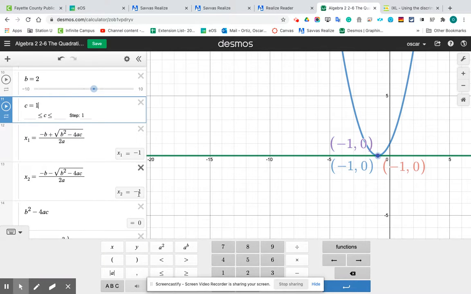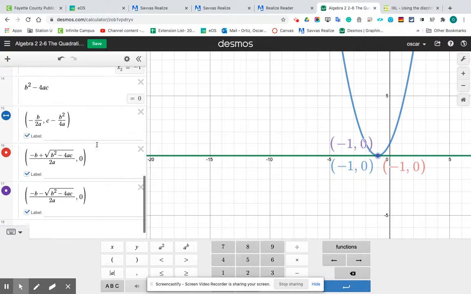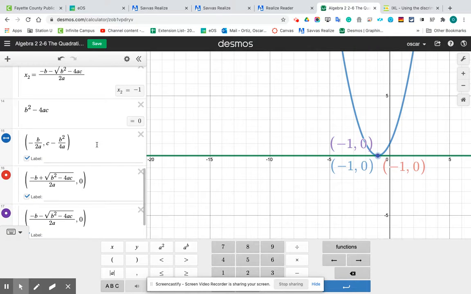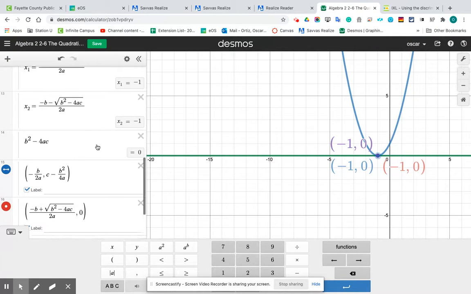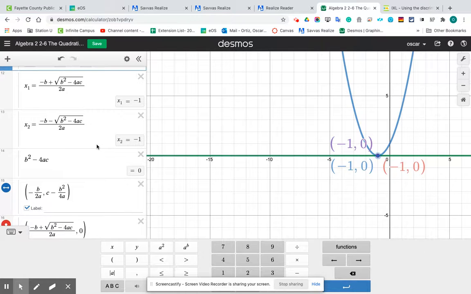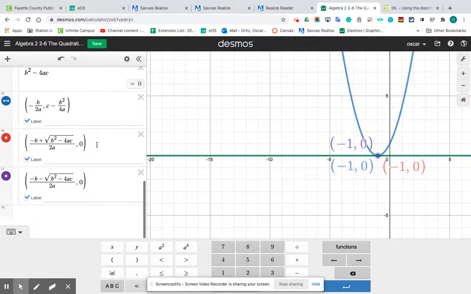So the answer in this case will be -1. Because this number under the radical, the radicand, determines how many solutions and what kind of solutions the equation has, it is called the discriminant, and you will see that in the lesson. And of course, you can always refer to the book, but that's basically what is going on.